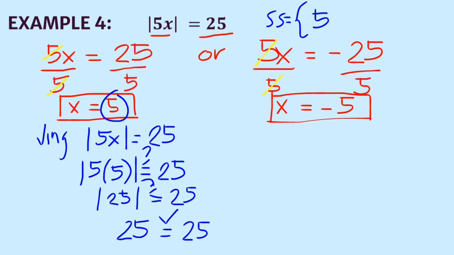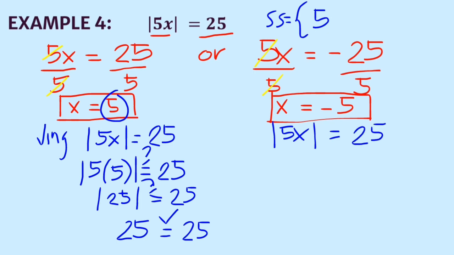Now, let's do the checking for statement 2. Okay. Checking, again, we copy the original equation, which is the absolute value of 5x is equal to 25.